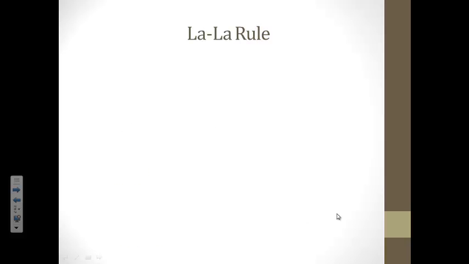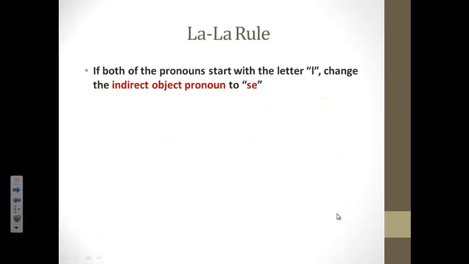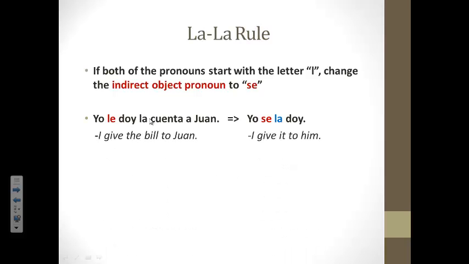Okay, we are now to section 6 of your note guide, which is the la la rule. When using 2 pronouns in a sentence, if both of those pronouns start with the letter L, you're going to need to change the indirect object pronoun to se. So either that le or les is going to become se. Let's look at this example. I give the bill to Juan.